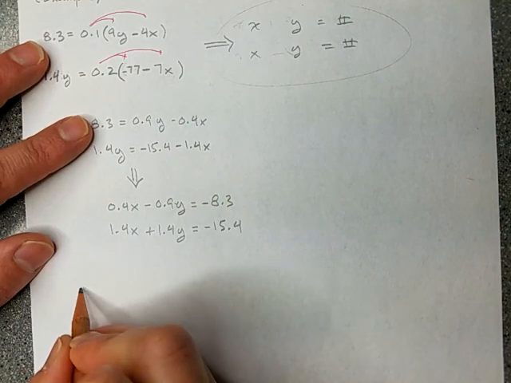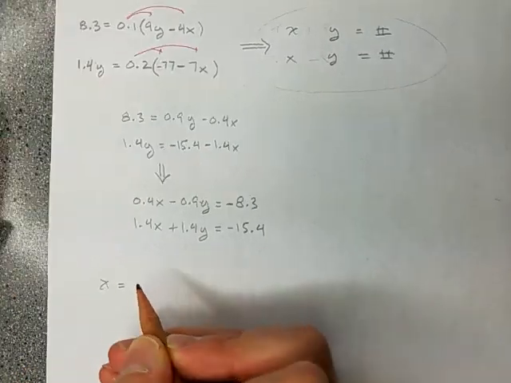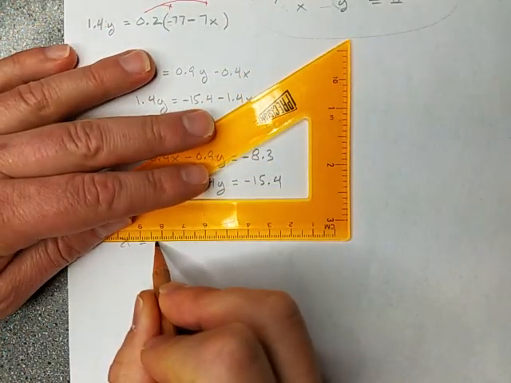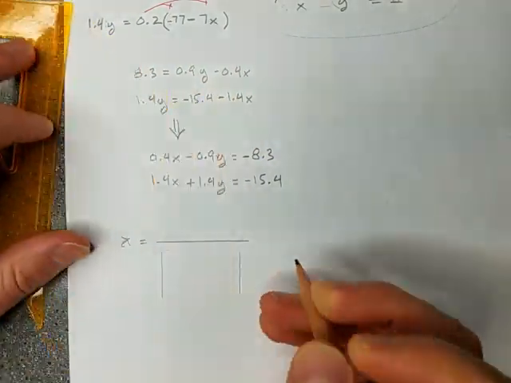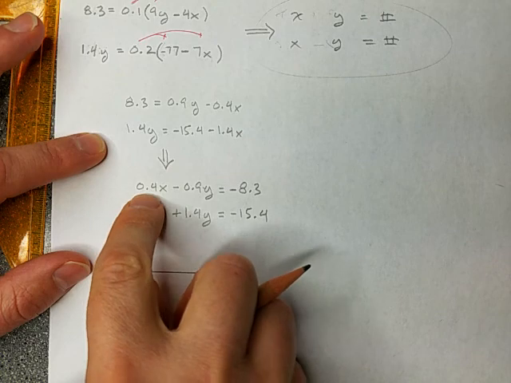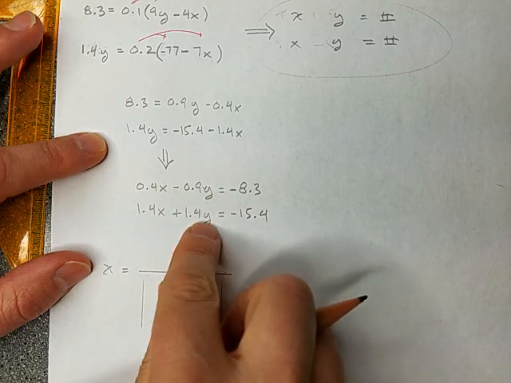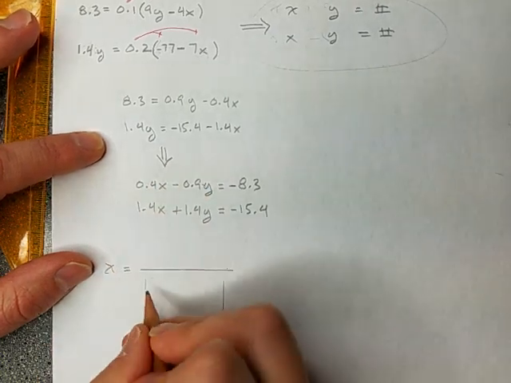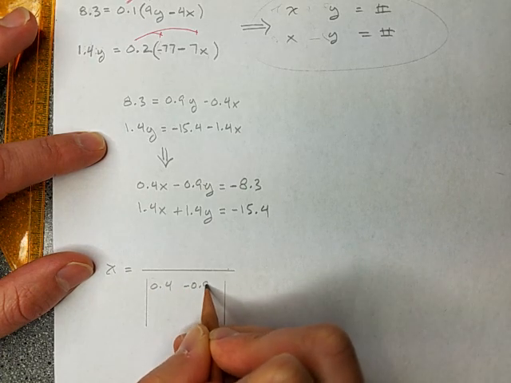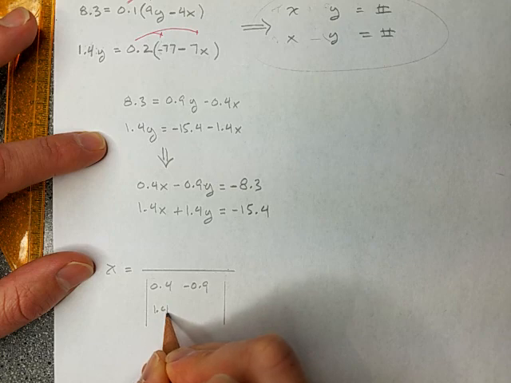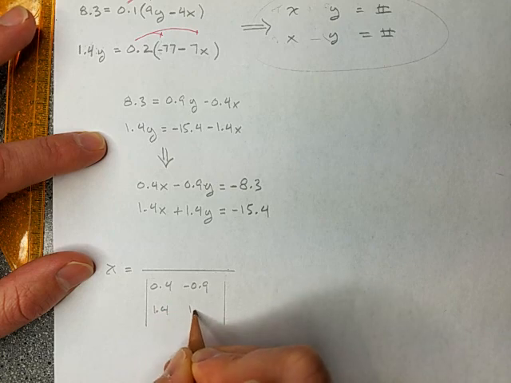All right, so now that it's arranged correctly, we just put the numbers into this formula. So what's the formula? It involves determinants. What goes down here? The numbers on the left-hand side of the equal sign in the arrangement that they're given. So 0.4, negative 0.9, 1.4, 1.4.